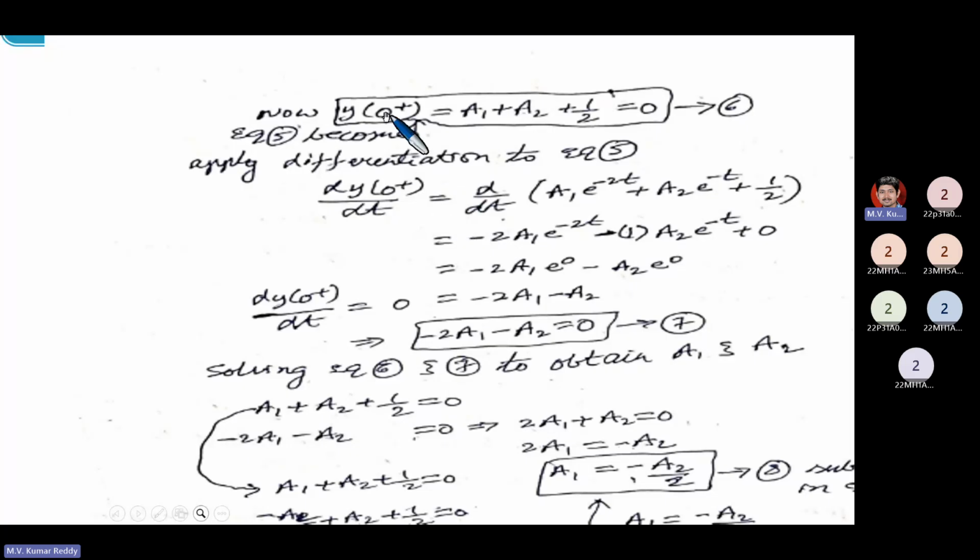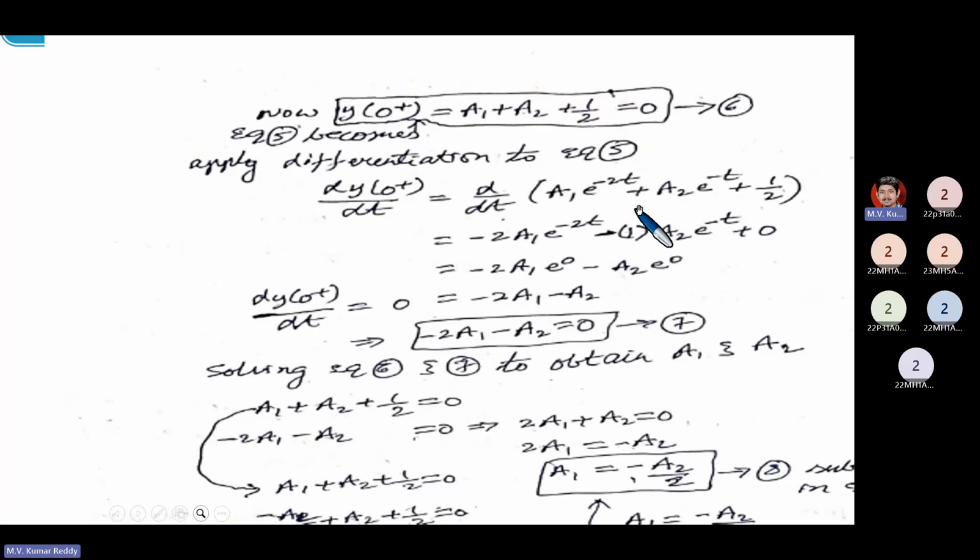Now differentiating equation 6. Sorry, differentiating equation 5, the previous equation. This is the equation.